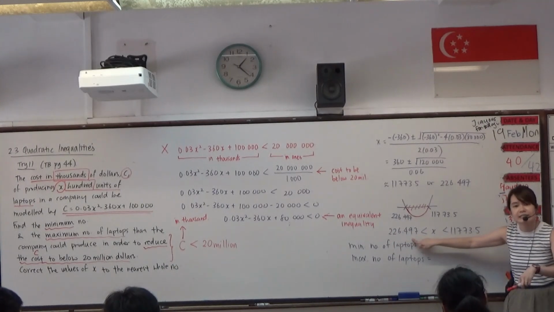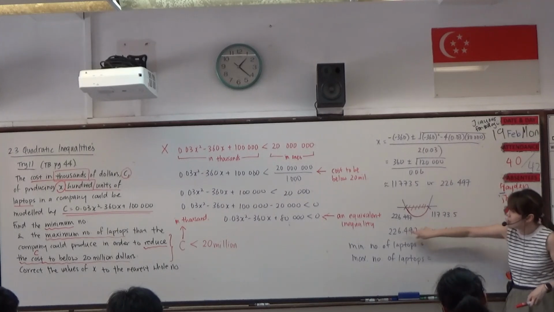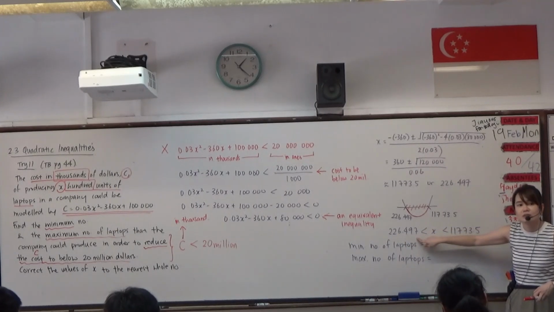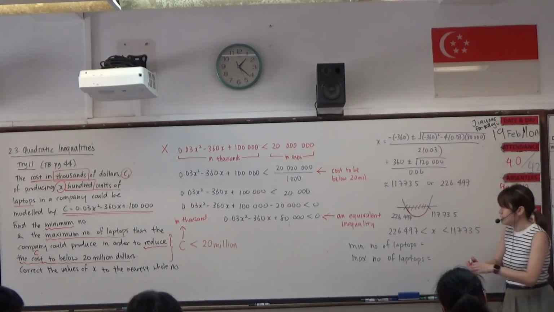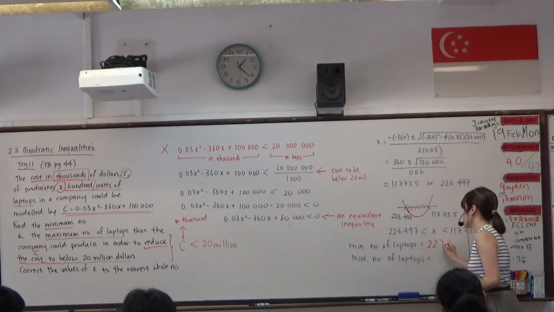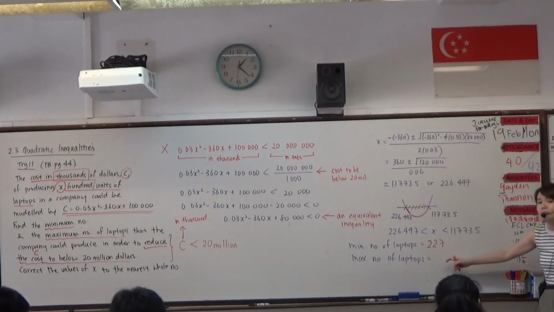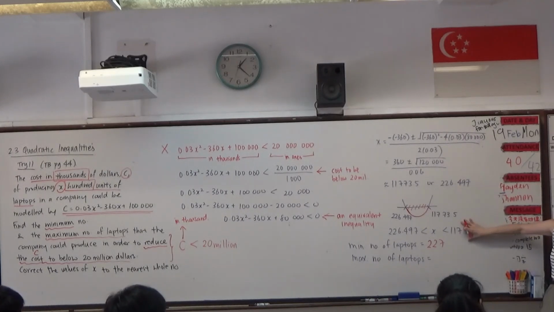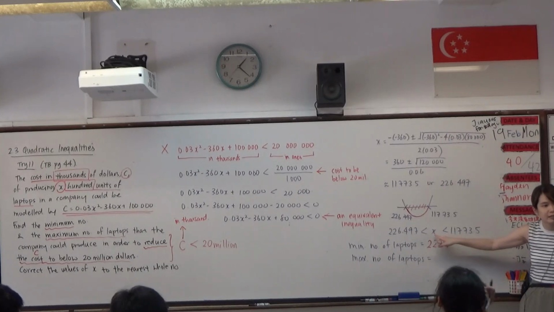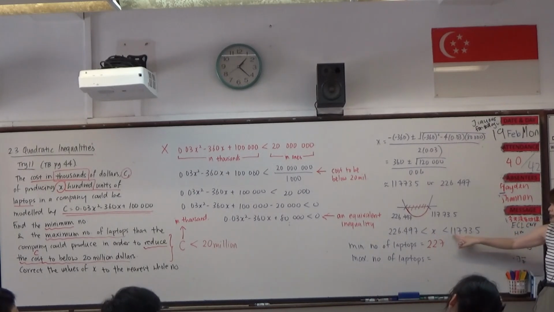What is the next integer that is within here but greater than this value? 227. So our minimum number should be something with reference to 227. Our maximum should be referring to this number, but it must be below, so that it falls within the interval. So it must be 11773.